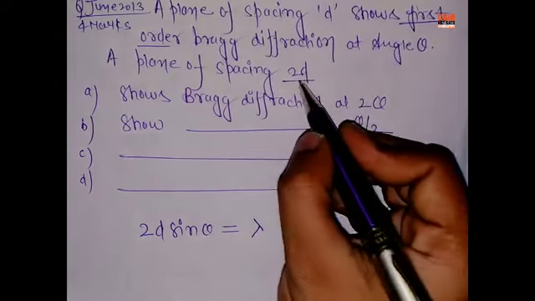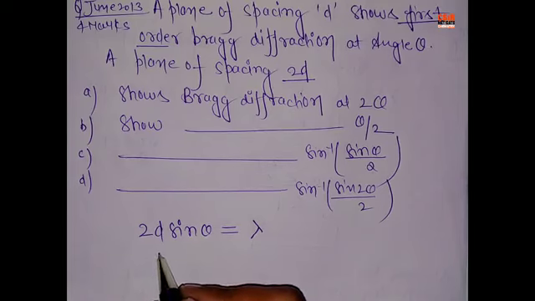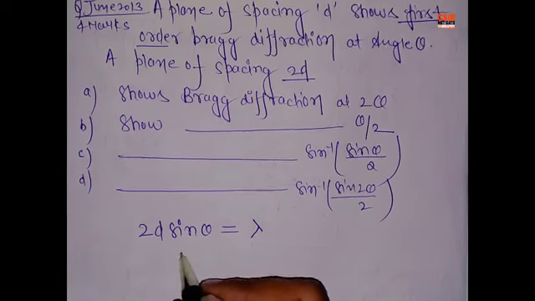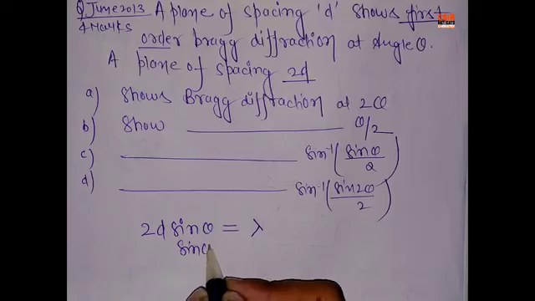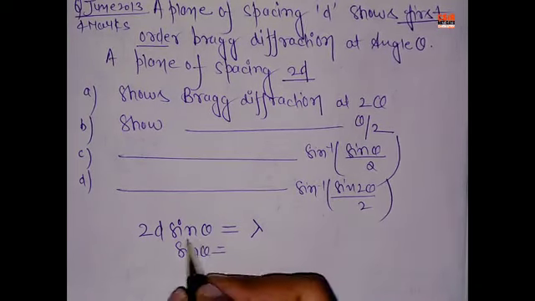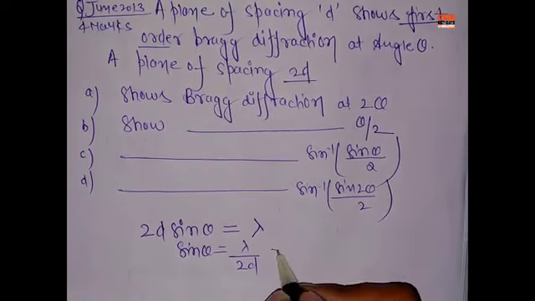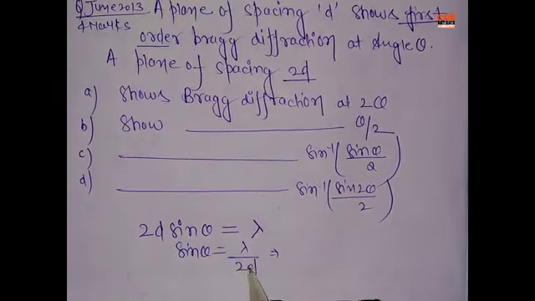Now we have spacing 2d instead of this d. So first of all let me write what will be the value of sine theta from here. So sine theta equals lambda upon 2d.